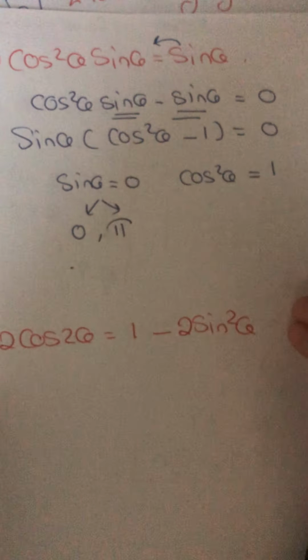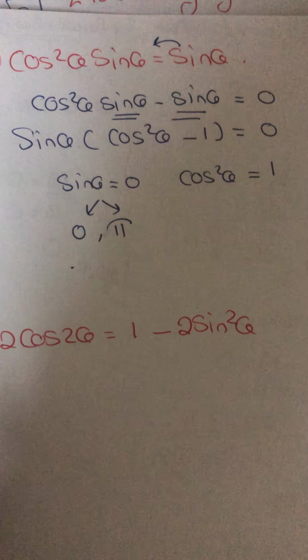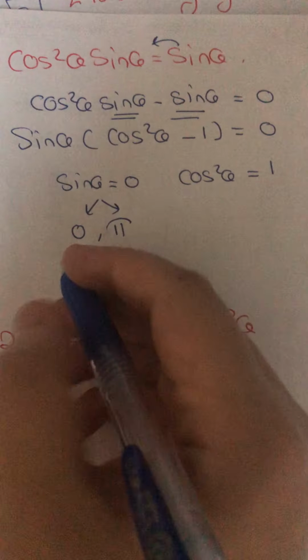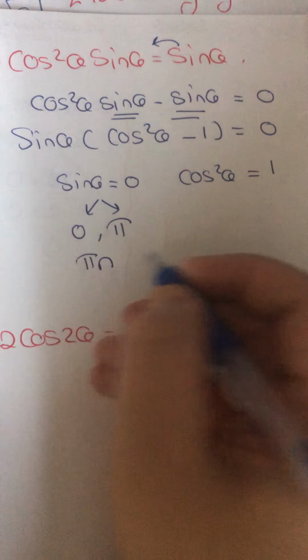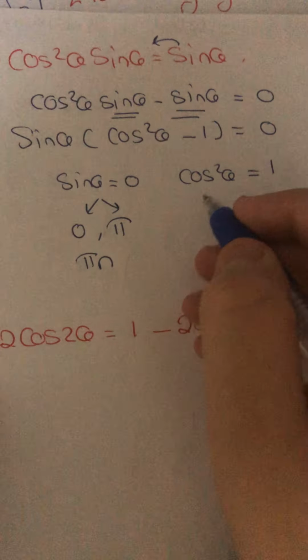By the way, there are no extraneous solutions, I guess. Maybe I am wrong. Anyways, this gives me 0 and pi, and because it's endless I can just write pi n. N can be 0 or 1 or 2 or 3. It keeps repeating itself every pi.